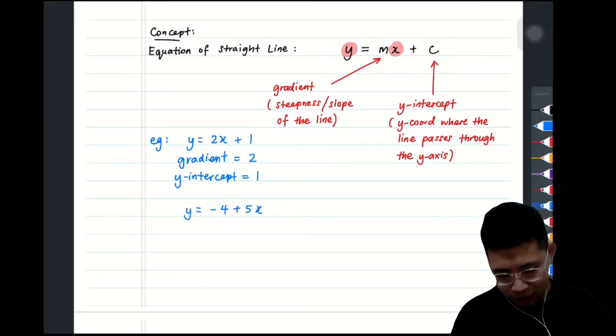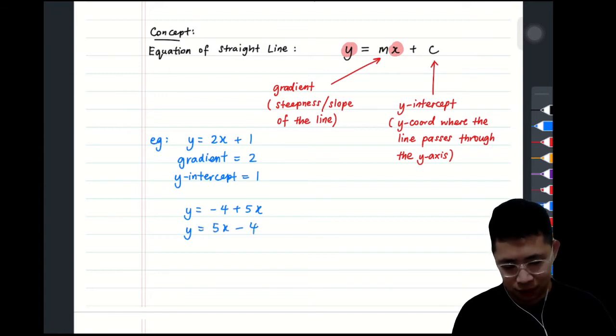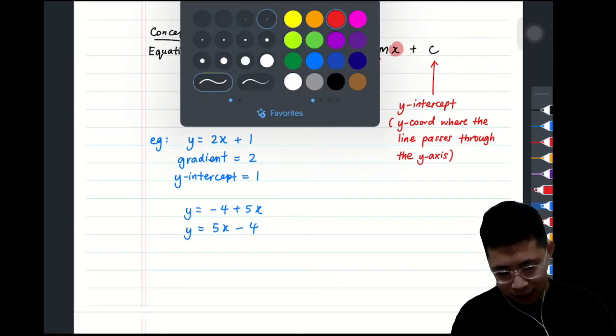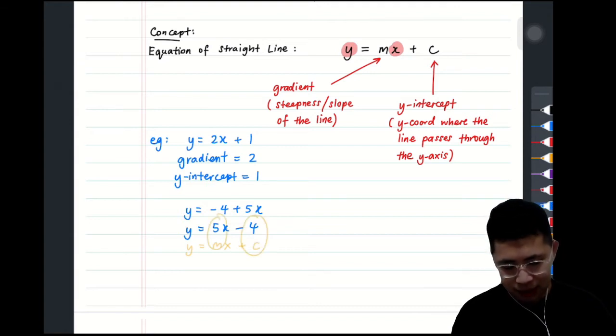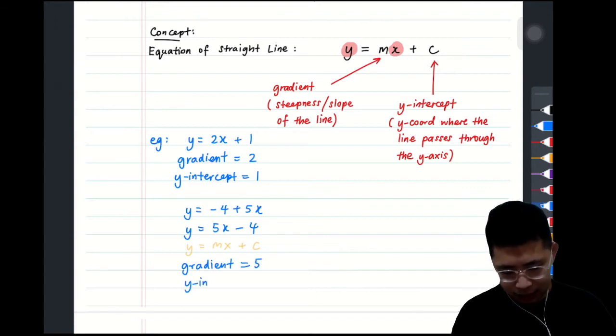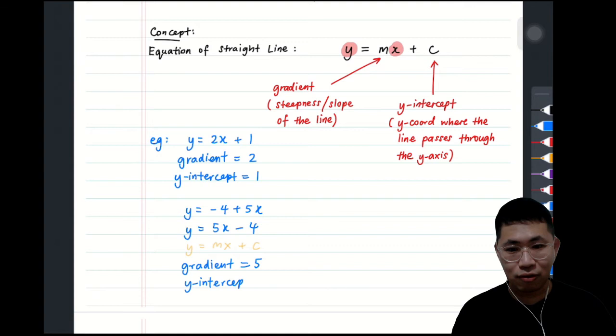So let me rearrange this to give me y equals 5x minus 4. When you compare, you can see that it's in the format of y equals mx plus c. So 5 is our m, and c is negative 4. Here we can say that the gradient is 5 and the y-intercept is negative 4.